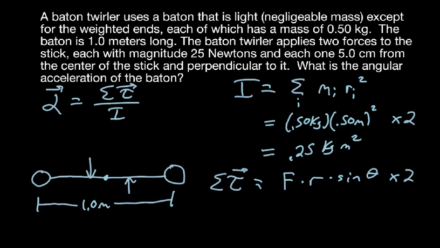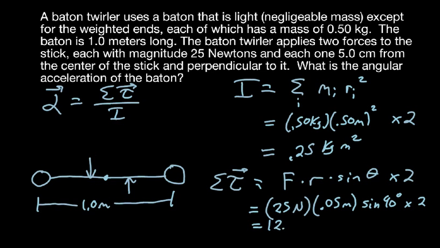Those 2 forces are 25 newtons. They are 0.05 meters from the center. Sine of 90 times 2. All right, so 2 times the 0.05 is 0.1, so this is going to be 12.5 newton meters.